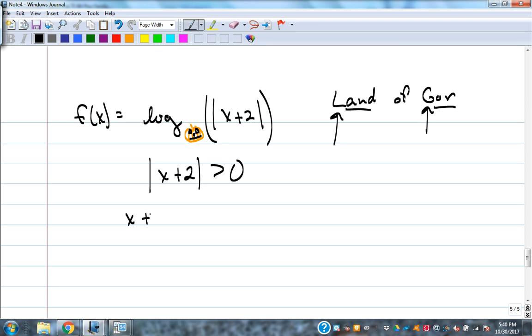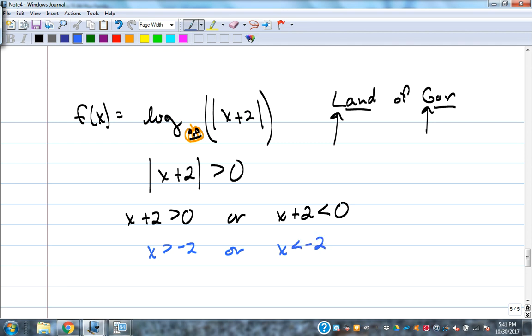So I'm going to set up x plus 2 is greater than 0, or x plus 2 is less than. And you're supposed to change the sign, but 0 doesn't have a sign, so we just put 0 there. And solve each of those, and we get the inequalities for the domain. So x is greater than -2, or x is less than -2.